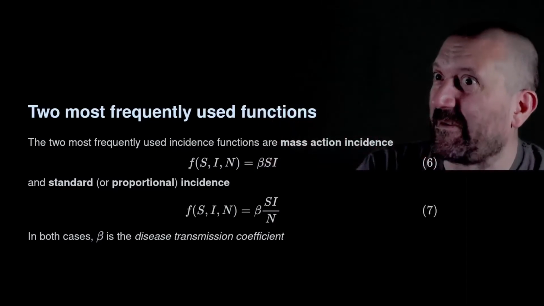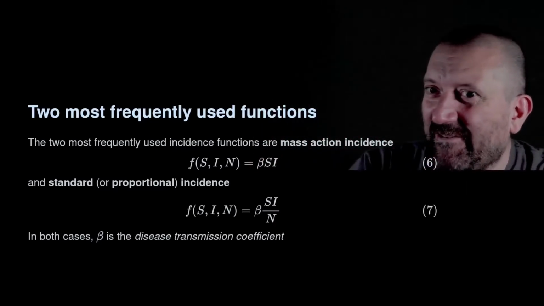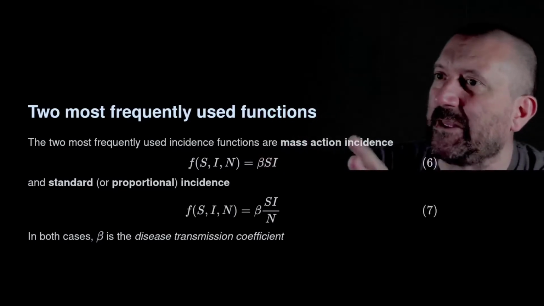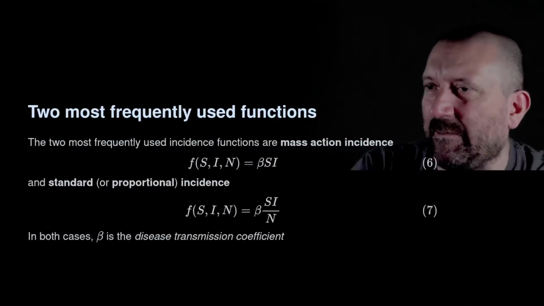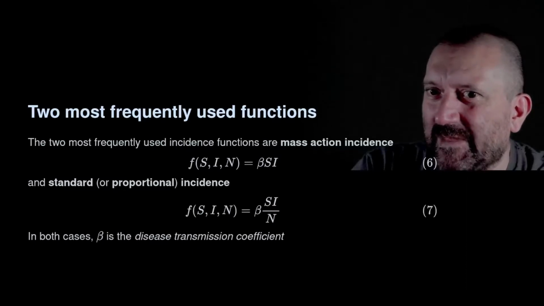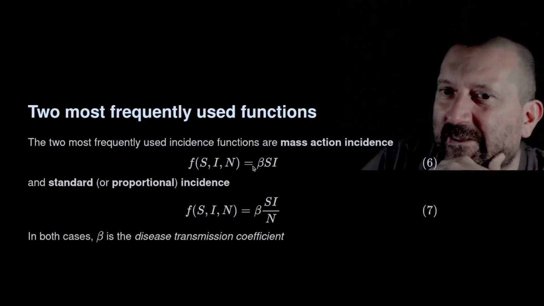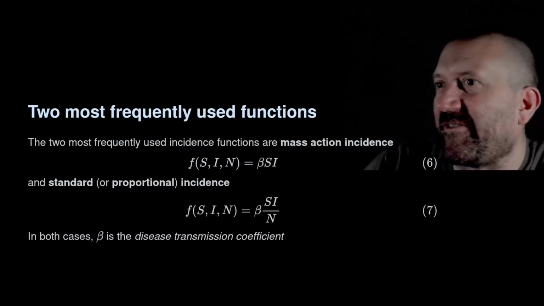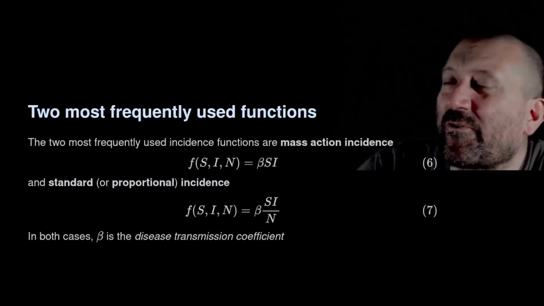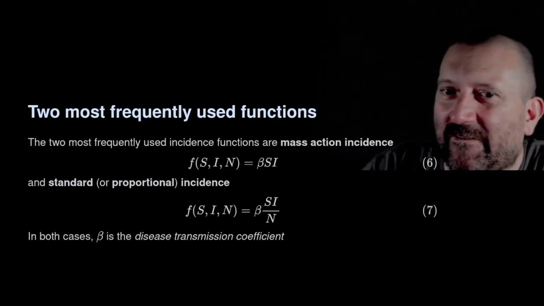We're assuming everything is well mixed and etc. So that means that there can be S times I contacts per unit time in this population. And then beta here plays the role of a coefficient that says what proportion of those contacts are actually infecting.